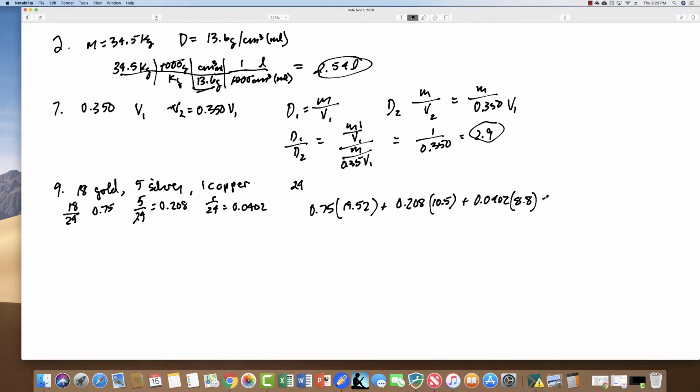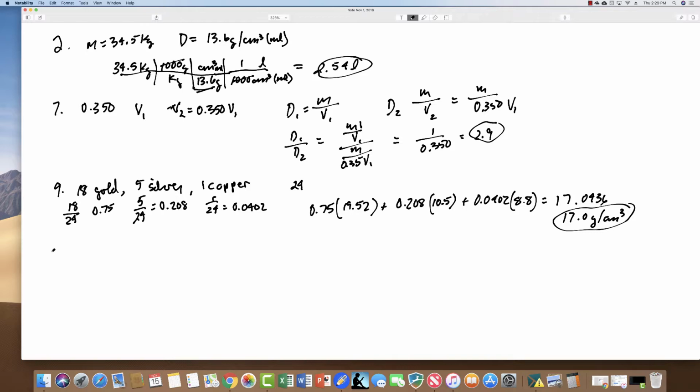If you do the math here, you end up with a density of 17.0436, which is 17.0 grams per centimeter cubed.